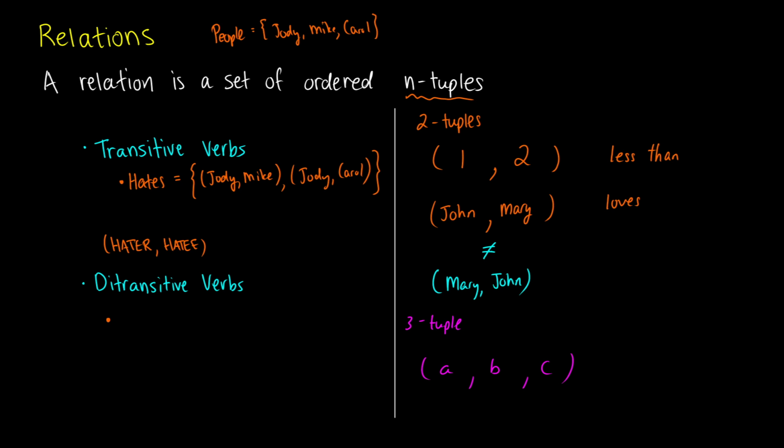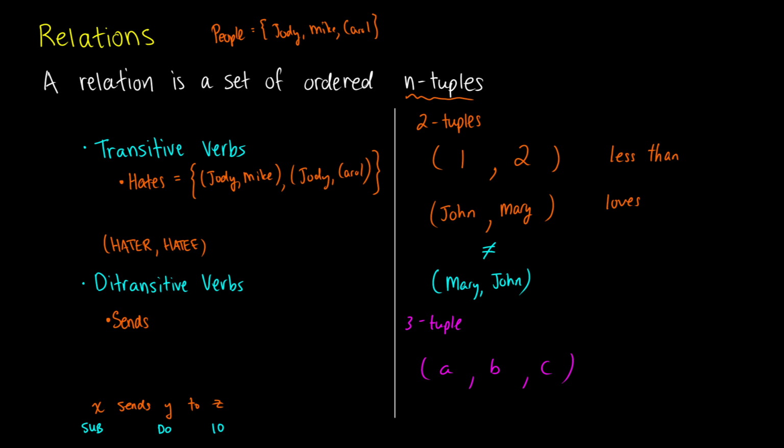Let's say that we have a verb like sends. We know there's going to be an English equivalent to sends, like how we normally use it in a sentence, where we would say X sends Y to Z. We know these are different parts of speech. We have a subject, we have a direct object, the thing being sent, and we have an indirect object where it's ending up.